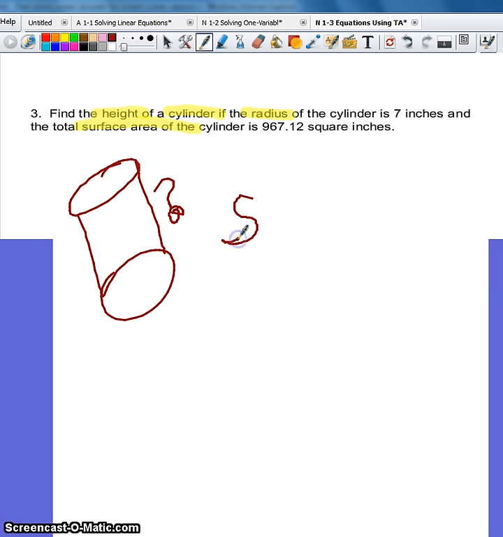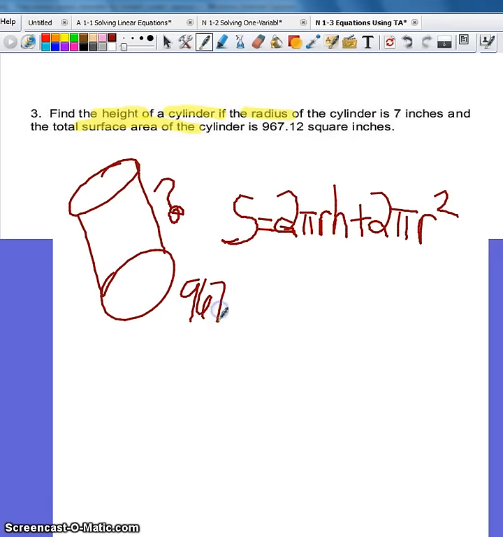Surface area equals 2 pi r h plus 2 pi r squared. And then think about the information that you have. So I'm going to plug in all the information that I'm given. I already know my S, my surface area, is 967.12.